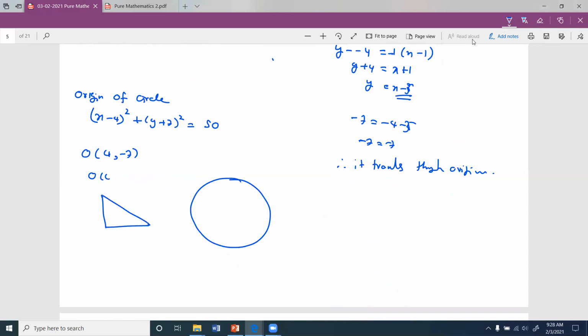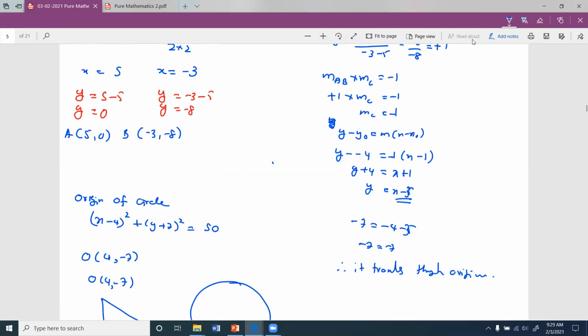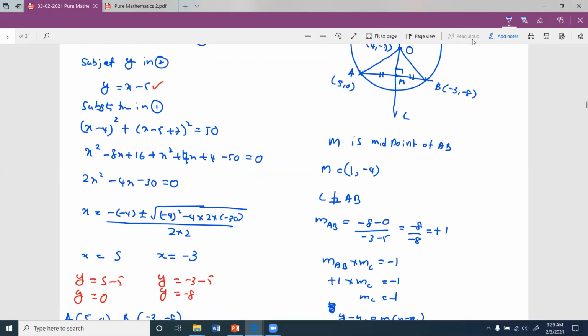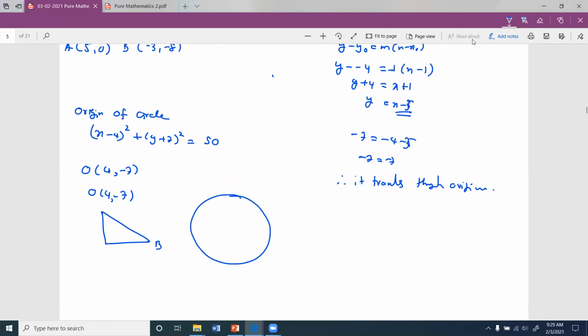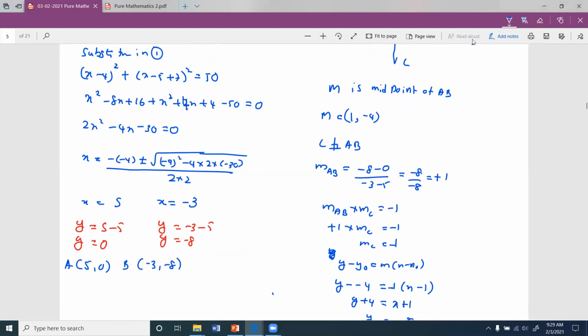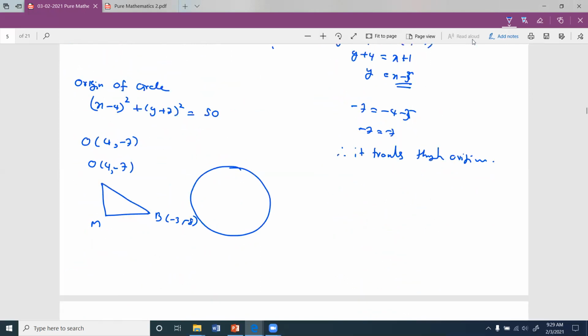O is (4, minus 7), and B we already knew, (minus 3, minus 8), and this M point we already got as (1, minus 4), right? Okay.